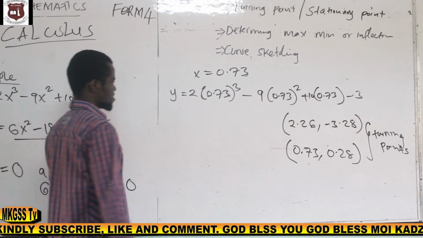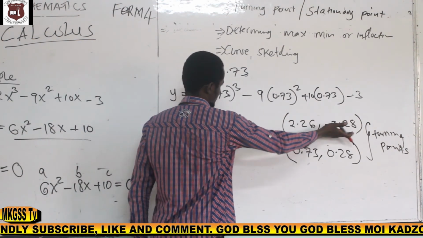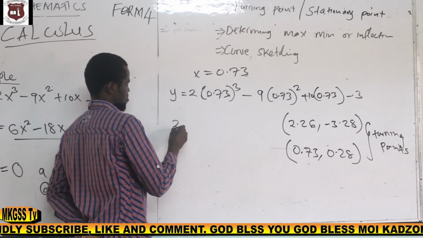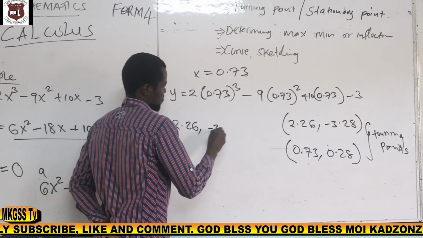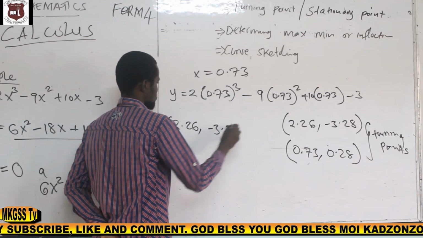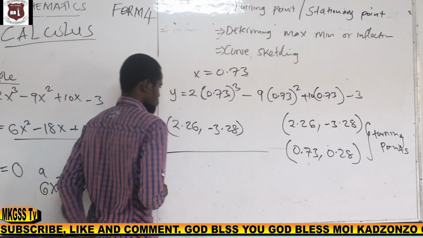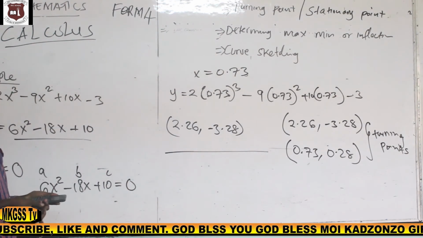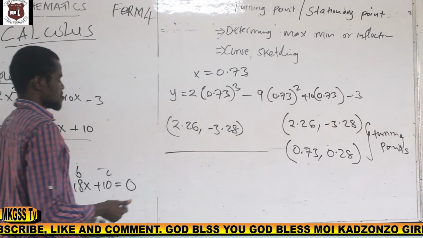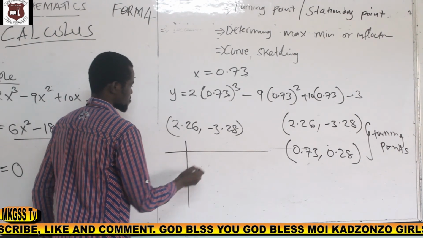Let's start with the first turning point, 2.26, negative 3.28. To determine the nature of the turning points, we normally draw a table.